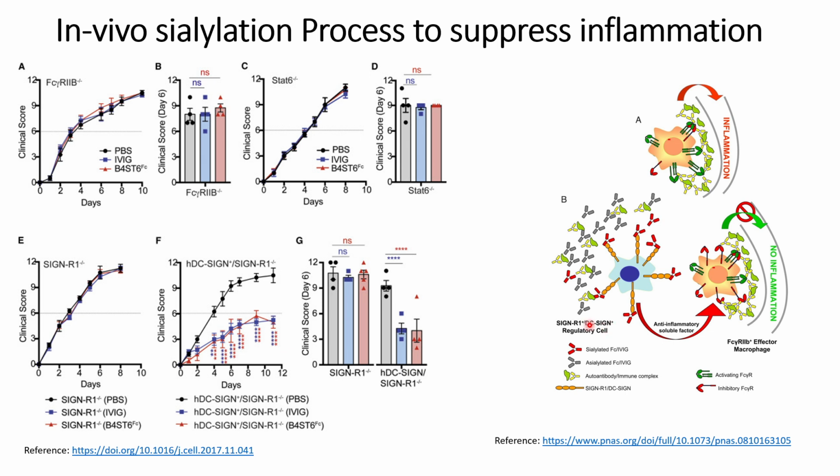After that, if the sialic acids are present and SIGN-R1 and DC-SIGN are present, it will cause an increase in the FcR2b receptors, and this increase in FcR2b receptors will cause anti-inflammation, or it acts as an inhibitor against the inflammations and then suppresses the inflammation response.